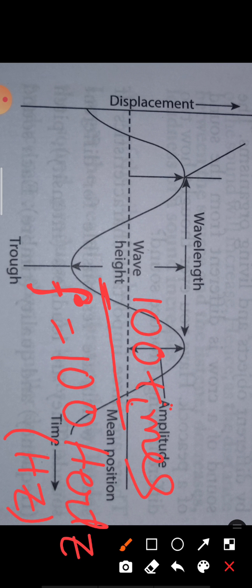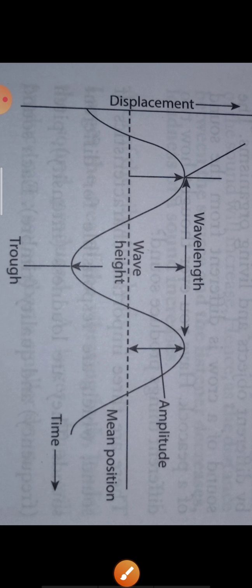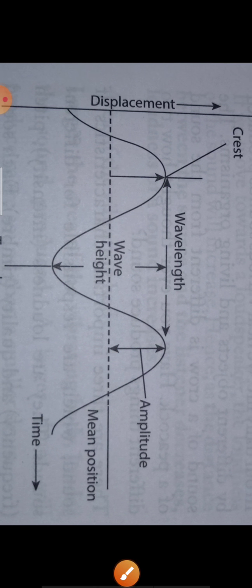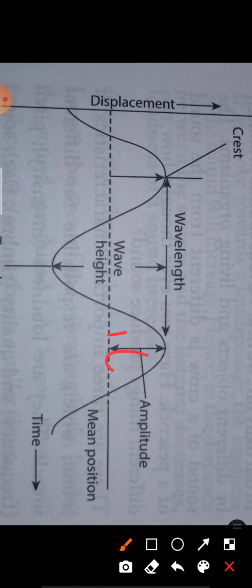Now time period. Time period means the time taken by a particle to complete one vibration or one oscillation. Suppose my vocal cord is vibrating 100 times per second, so my frequency is 100. For one vibration, how much time it takes is called time period.